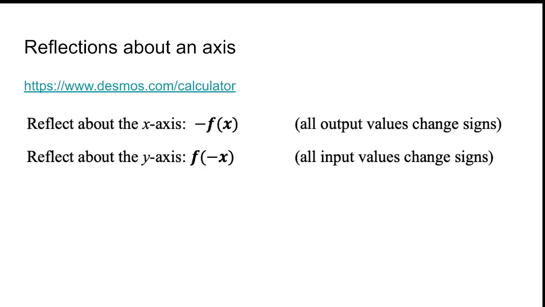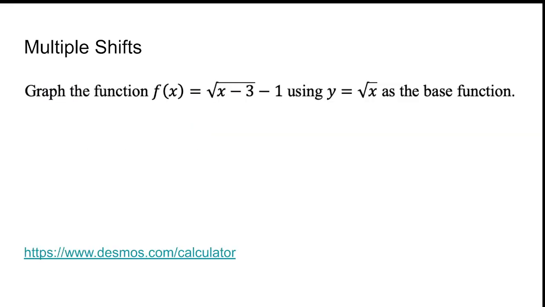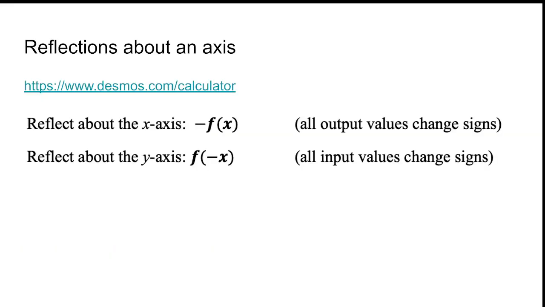Let's talk about reflections. I'm not quite sure I got all this order, but let's go ahead and follow this order. We'll talk about translations horizontally shortly, but you could kind of get the feel. But the reflections about an axis. So what happens for this first one, notice we're putting a negative value. The negative is on the outside of the function, right?